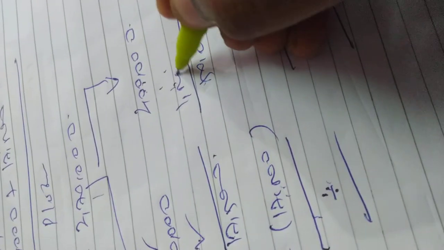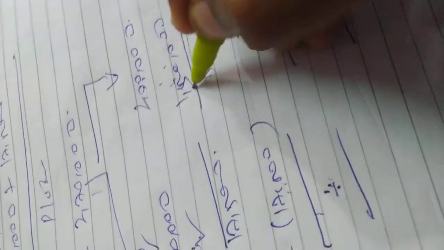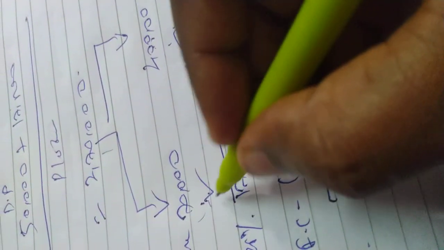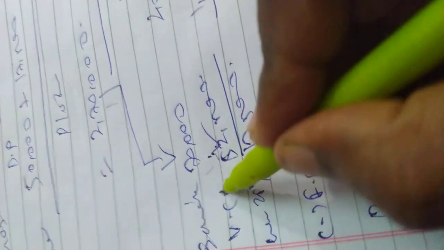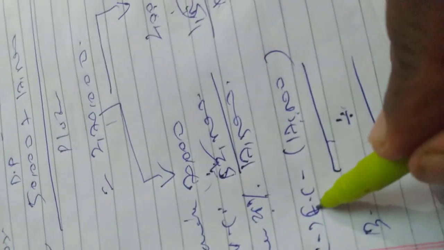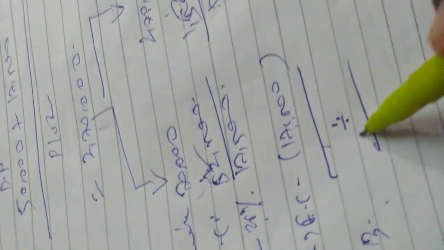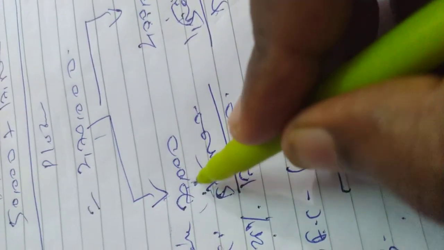This is variable cost. You can calculate yourself: 1,50,000 here, and 52,500. Okay, this is variable cost. Sales minus variable cost equal to contribution. Contribution minus fixed cost equal to profit. So here no profit, no loss because it is break-even sales. My break-even sales is 70,000, already calculated.